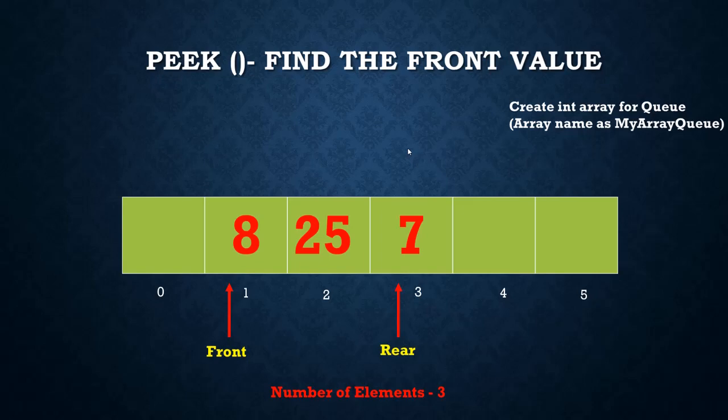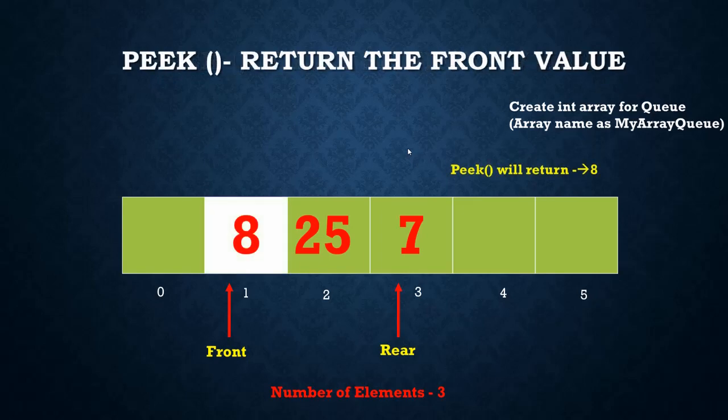Now I want to execute peek. It will find that 8 is the front and just look at it and give the value as 8. But remember, there is no front position change, no rear position change, and the number of elements will not change.